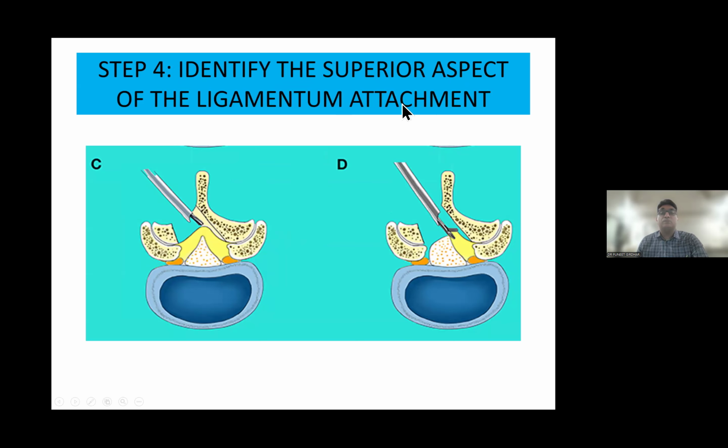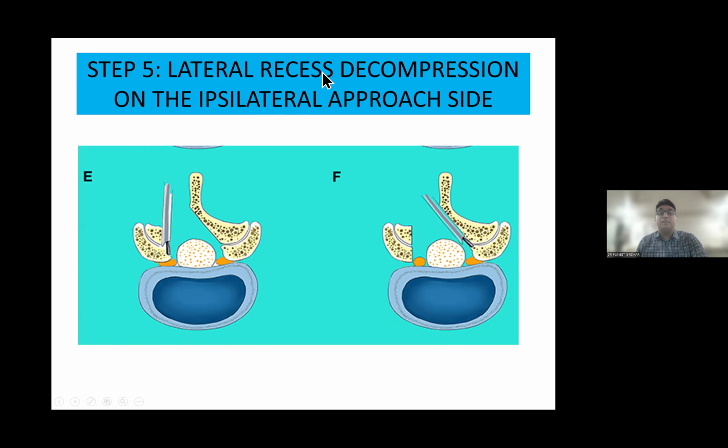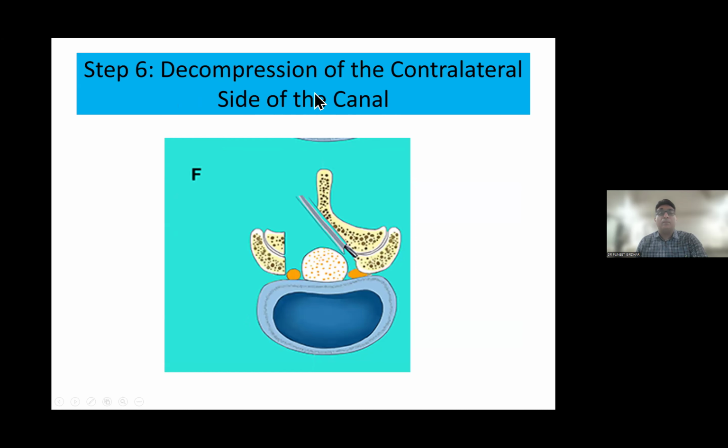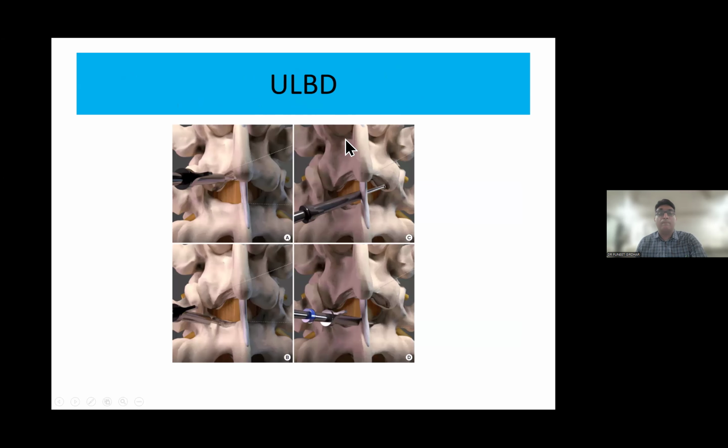And the fourth one is to identify the superior aspect of the ligamentum flavum attachment as we do in any microscopic MIS discectomy. And then the fifth step is the lateral recess decompression on the ipsilateral side from which we have done the access. And then the last step is to decompress the contralateral side of the canal and to mobilize the traversing nerve root.